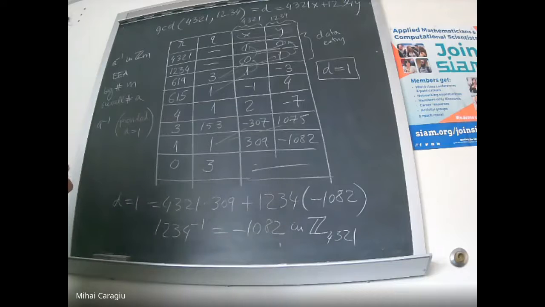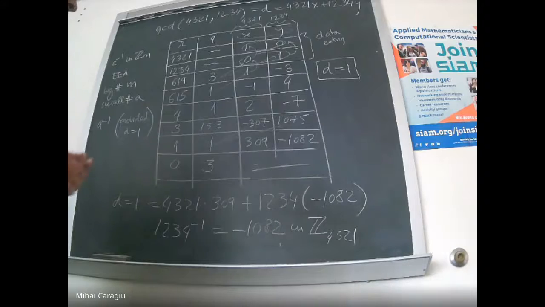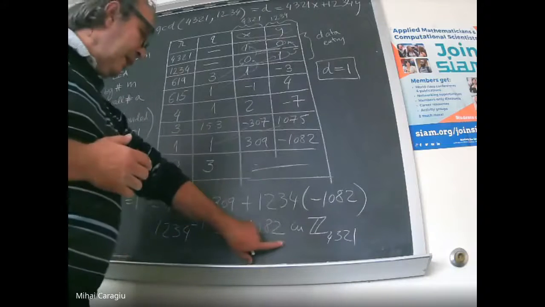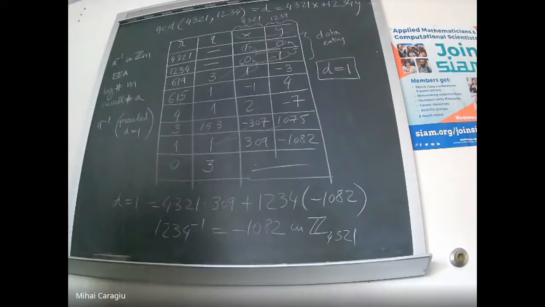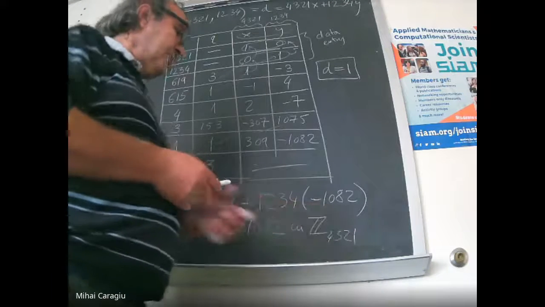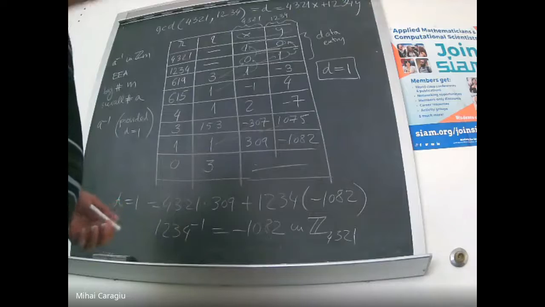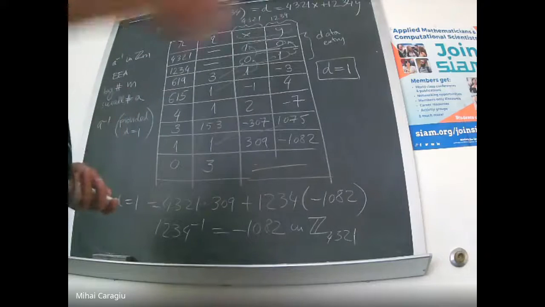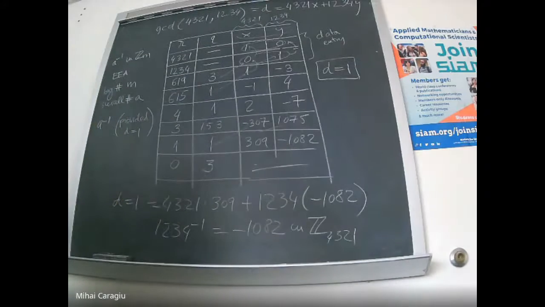Now, most people like positive numbers, at least positive looking numbers. There is no negative and positive in modular arithmetic, but we can make them positive looking. How to make a negative looking number positive looking? Just add a suitable multiple of 4,321, which is the modulus. Adding or subtracting the modulus means nothing because the modulus is 0 modulo 4,321.